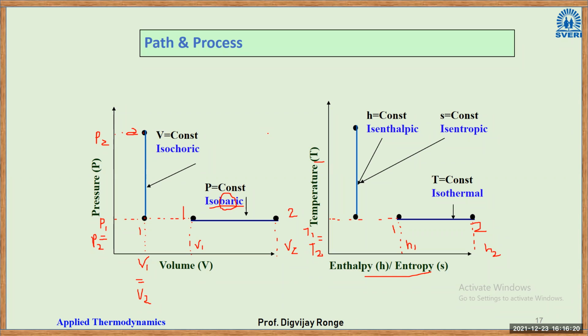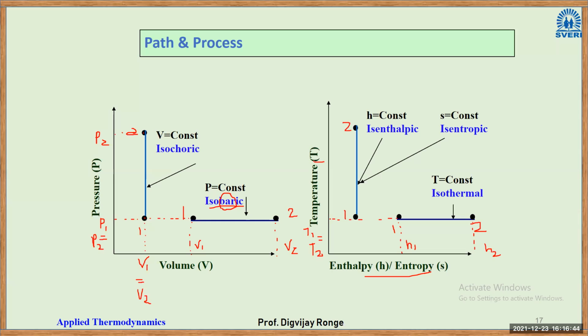And the last here are the isenthalpic and isentropic processes. You might have already guessed it. The process where enthalpy remains constant is called an isenthalpic process. And the process where entropy remains constant throughout the process is called an isentropic process. You can see in this example, let us say this is state 1, this is state 2.